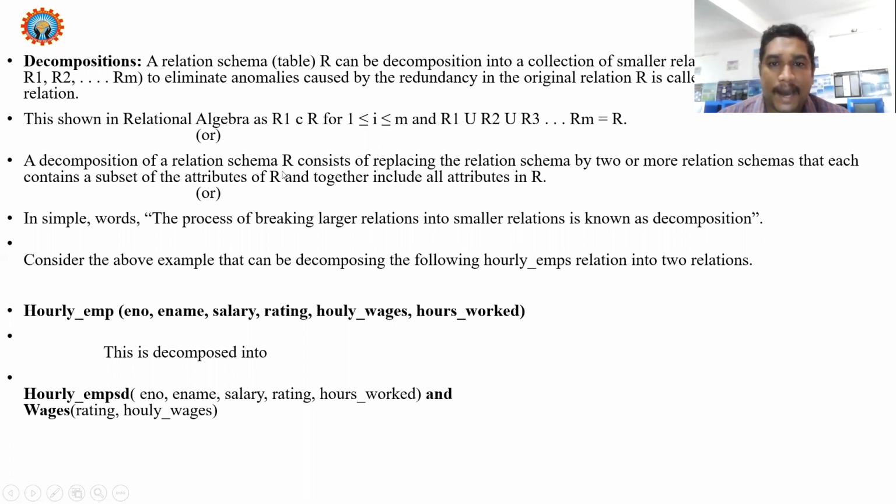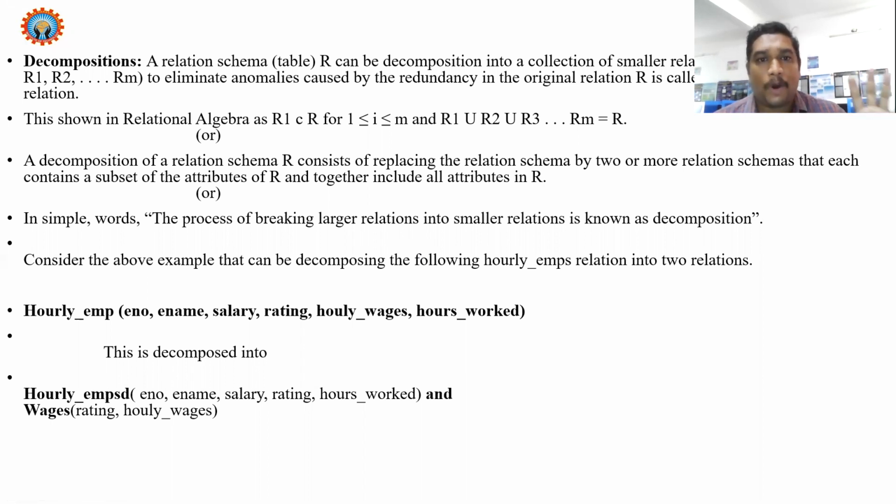We are decomposing that R relation, which consists of replacing the relation schema by two or more relation schemas. Now you are replacing R into two or more, called R1 and R2 and so on, so that each contains a subset of the attributes. For example, I have a relation with 5 attributes, and it is divided into two relations, R1 and R2.